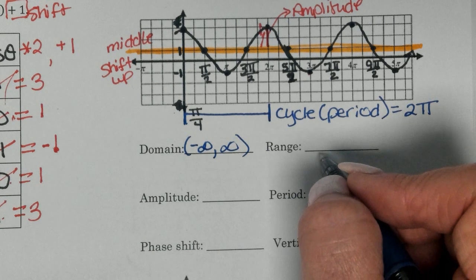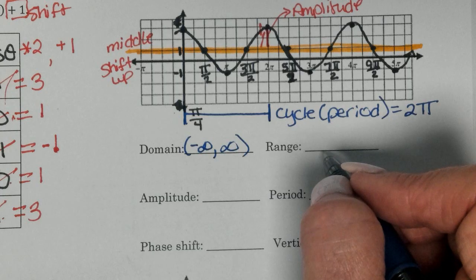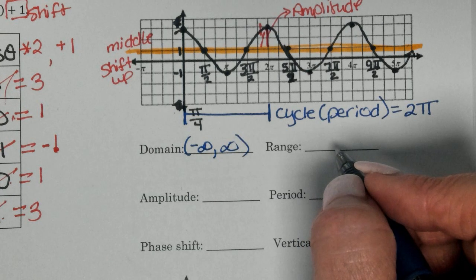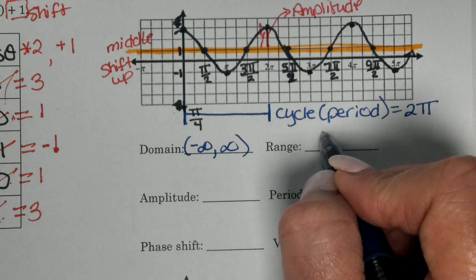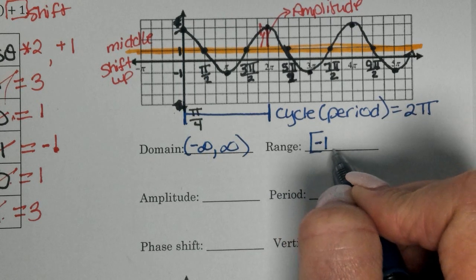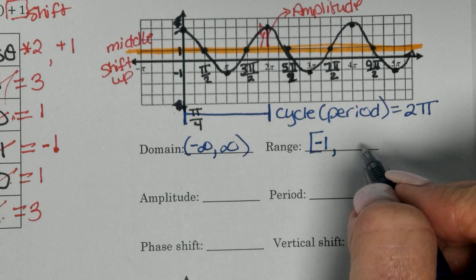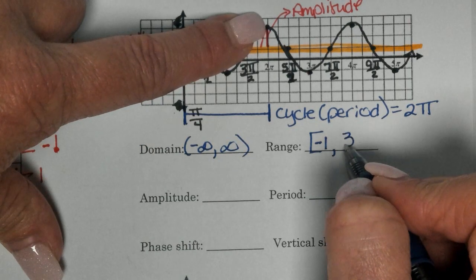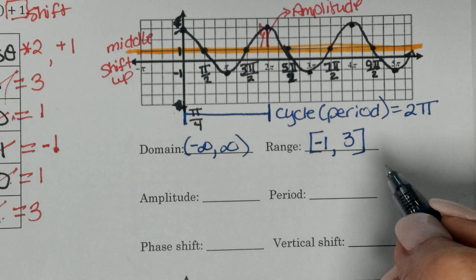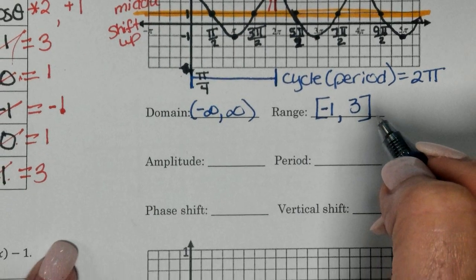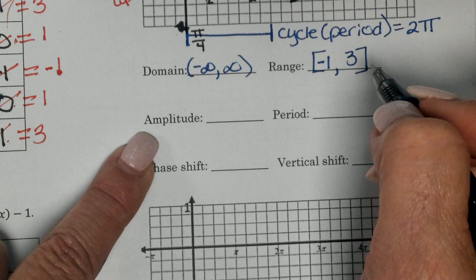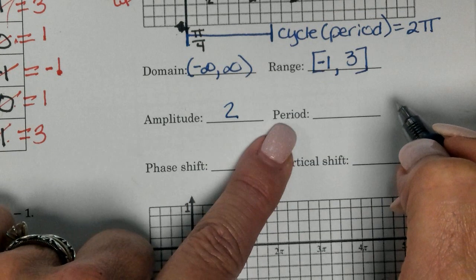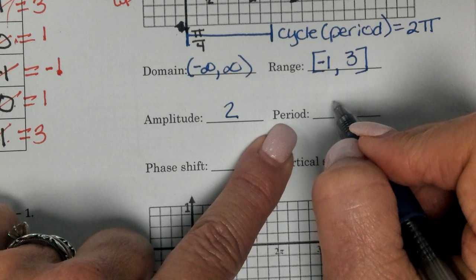Did the changes impact our range? Yeah. What's our lowest point we use? Okay, so -1. And what's our highest point? +3. So -1 up to 3 in our brackets. Our amplitude, 2. The period, 2 pi.